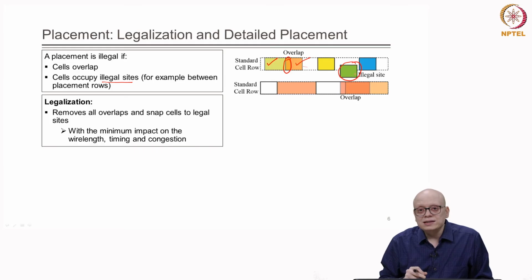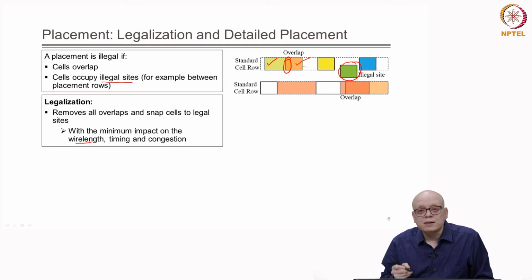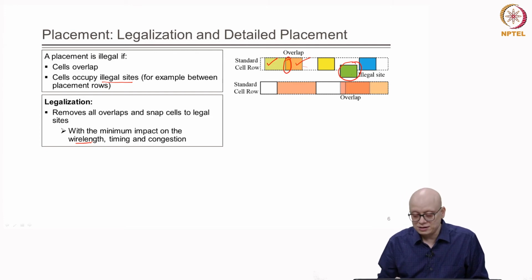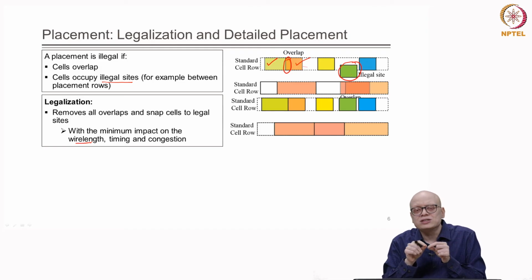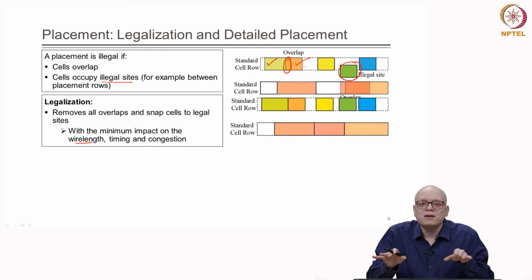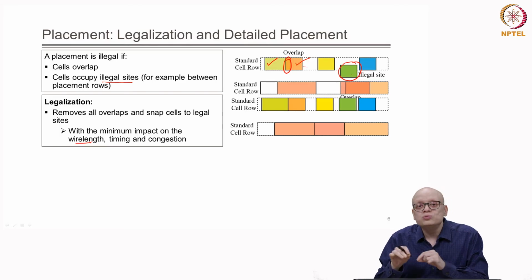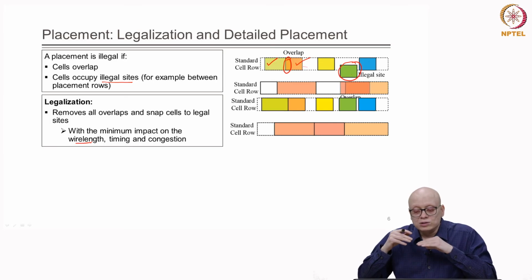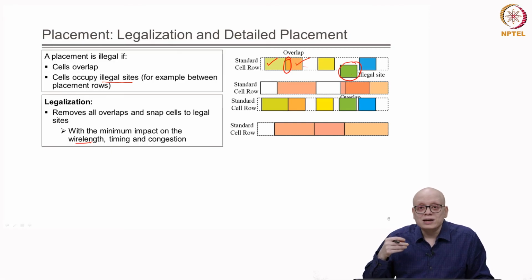During this, it is tried that there is minimum impact on wire length, timing, and congestion. So, the legalization process basically tries to make incremental or minute changes to the placement such that the problem of overlap and cells being in illegal locations is solved. It does not try to change the placement solution significantly while legalizing.